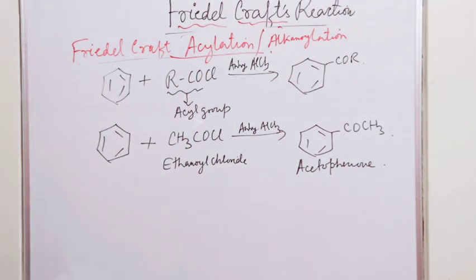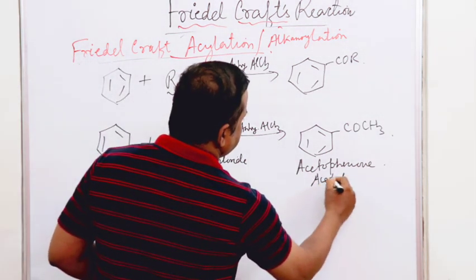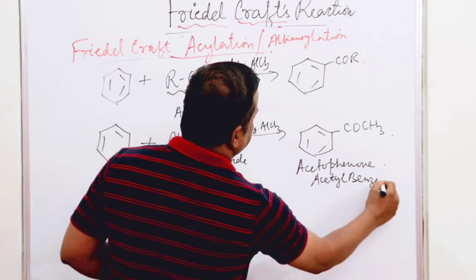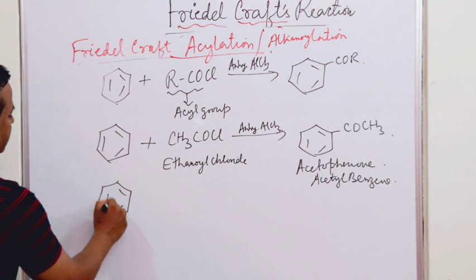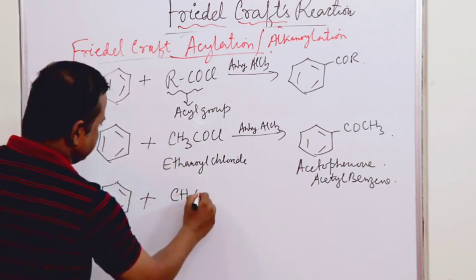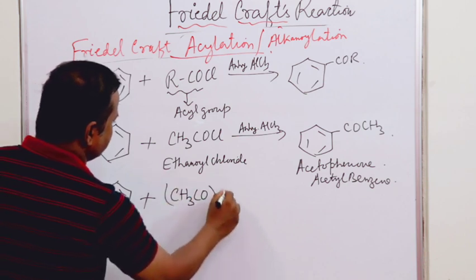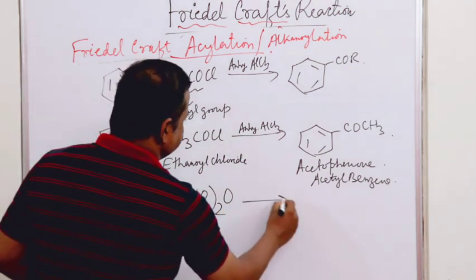So here we have got a ketone, and by this method we can produce the ketone, which is also known as acetophenone. Another example is, instead of taking acid chloride, we can take acid anhydride, (CH3CO)2O, in the presence of anhydrous AlCl3.